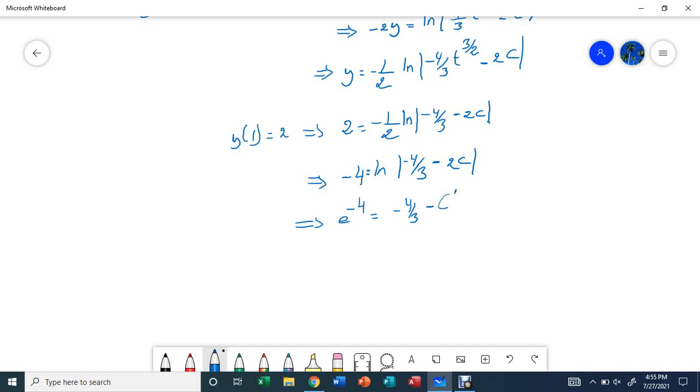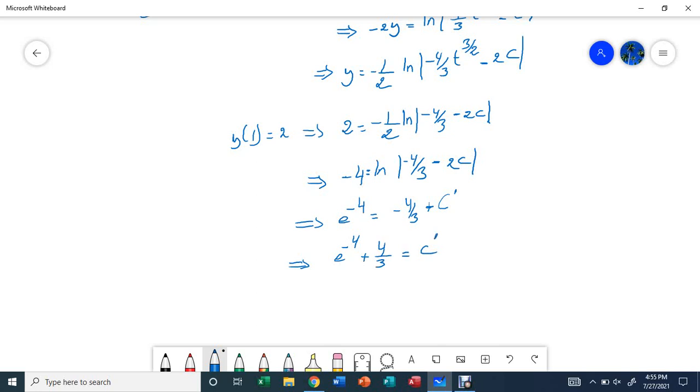Plus or minus doesn't matter, it's just a constant. So adding 4/3 to both sides, I get e to negative 4 plus 4/3, and that gives me C prime.